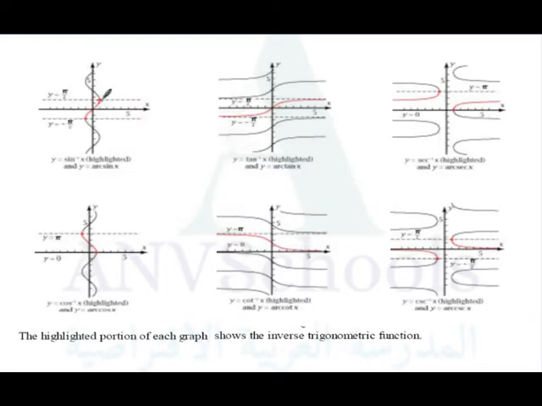Let's see, for the sine function, this is the deal. If we're going to select this as the principal branch, then the domain of the inverse sine function is from -1 to 1. That is the domain of our inverse sine function. So it uses the entire domain of the function.